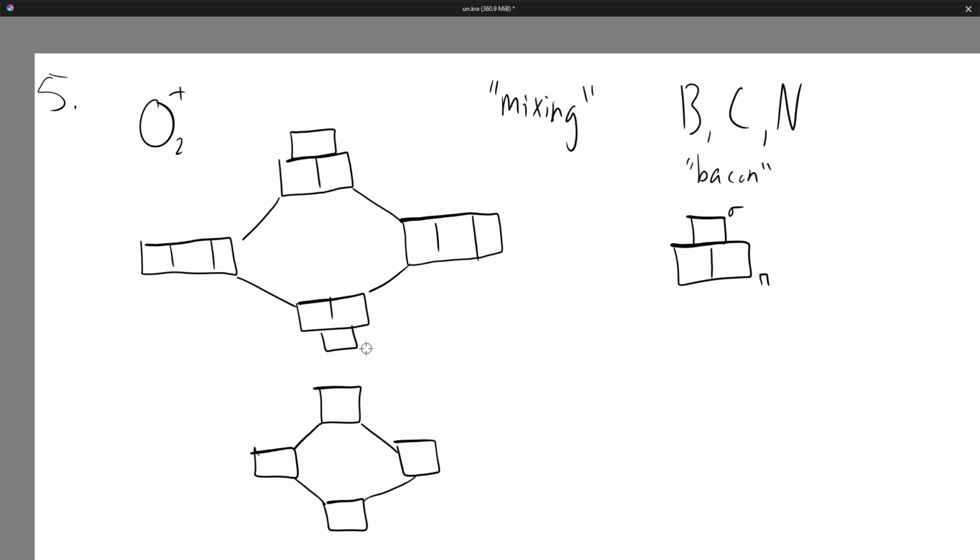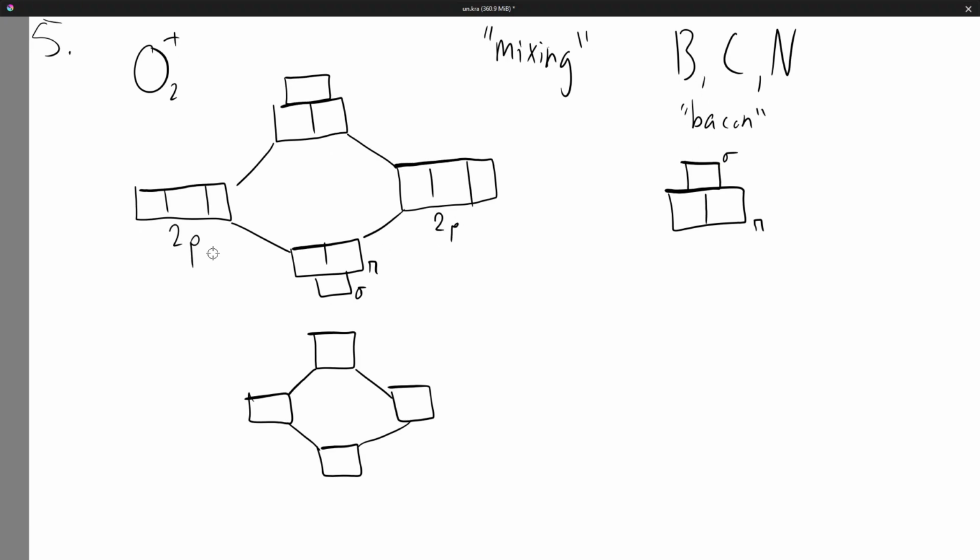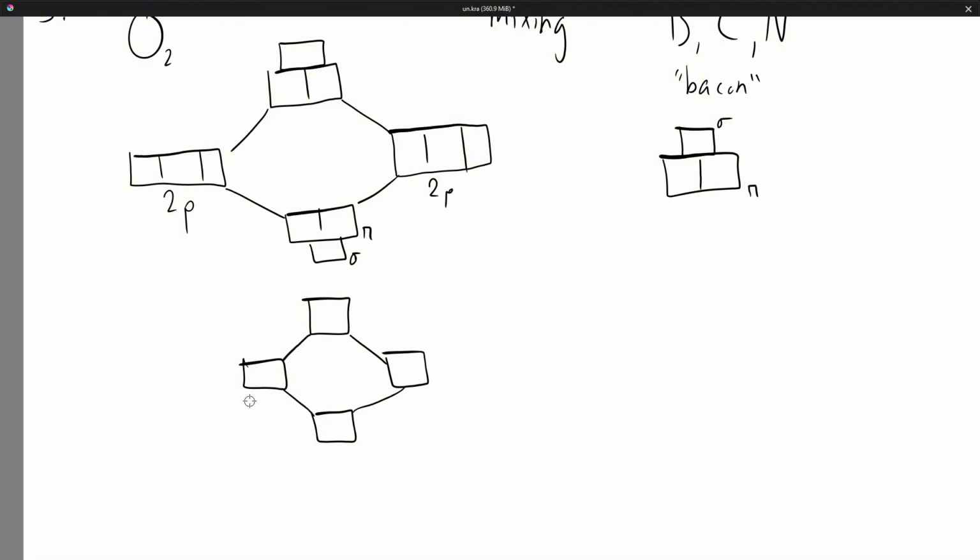Let's see, look at this. So now we're just gonna go through and label everything. Next to the orbital, we put 2p or 2s, since these are the orbitals oxygen is on. So this is sigma 2s, sigma star 2s.